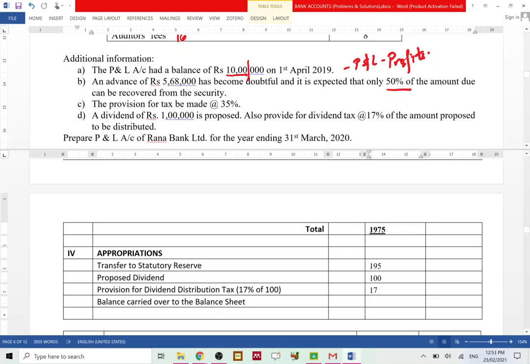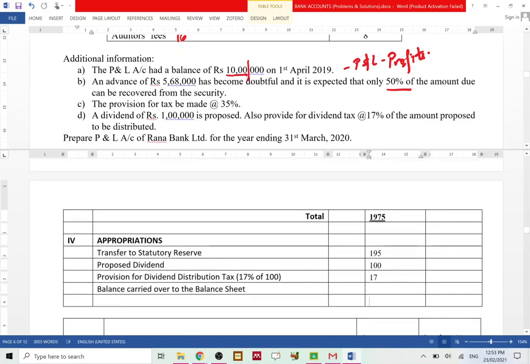And now we have to calculate how much balance has been carried forward to the balance sheet. How do we do that? What you do first is write the total of the profits, correct? Because what are appropriations? Utilization of the profits are appropriations. So if you have made 1975 as the profit, you show how you have utilized it, okay? And the balance carried over to the balance sheet.